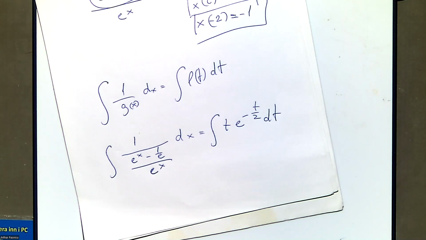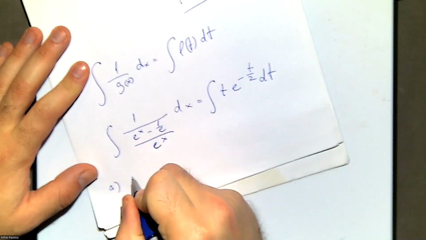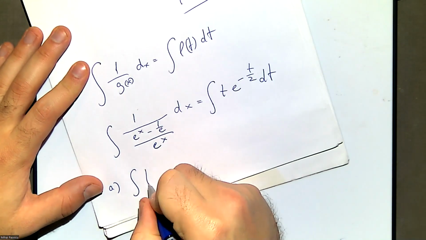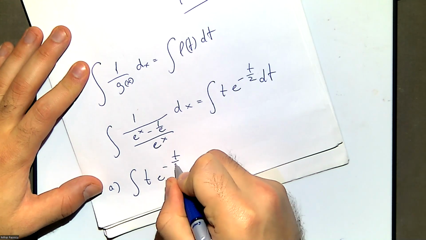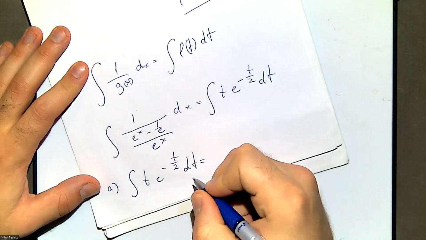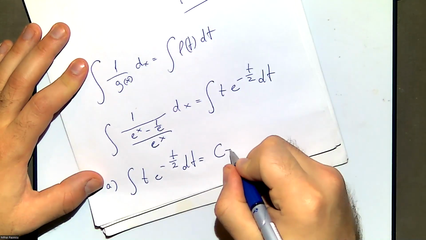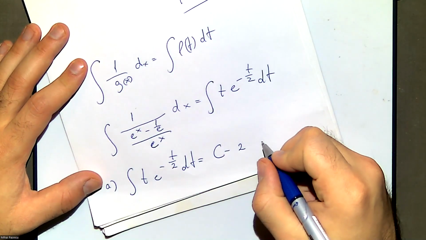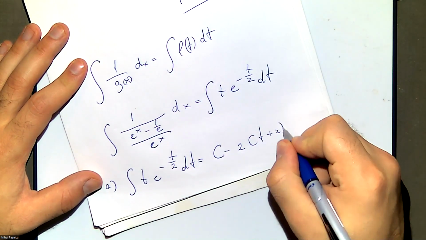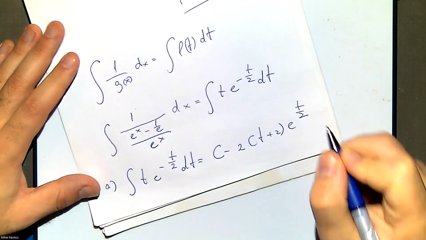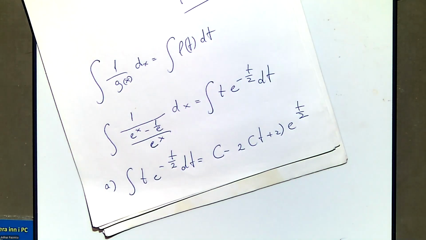Now, use point A. Point A literally just tells me that the integral of t e to the minus t over 2 dt is equal to c minus 2 t plus 2 e to the minus t over 2, it's just an ugly formula there. So literally point A gives me the solution to this.